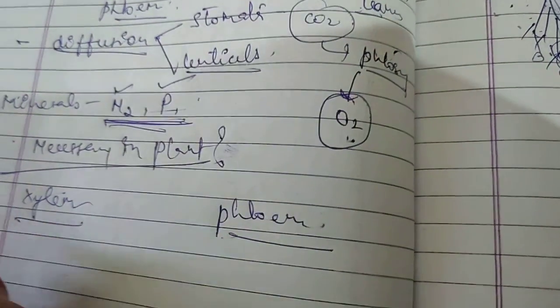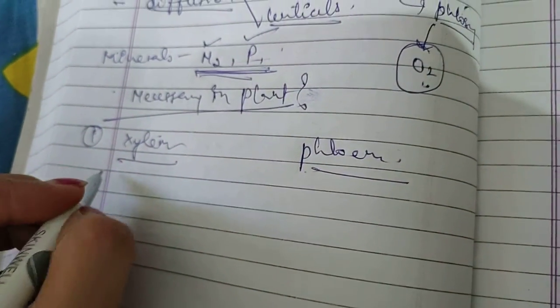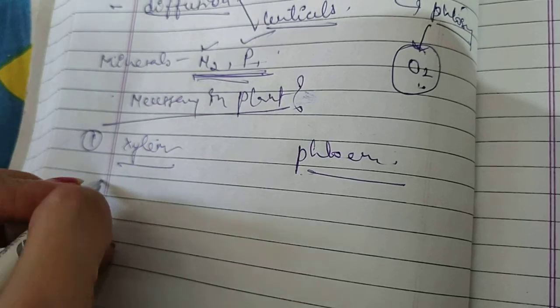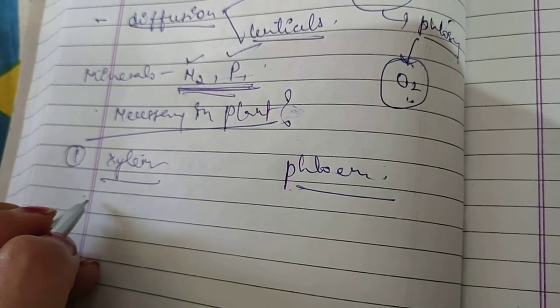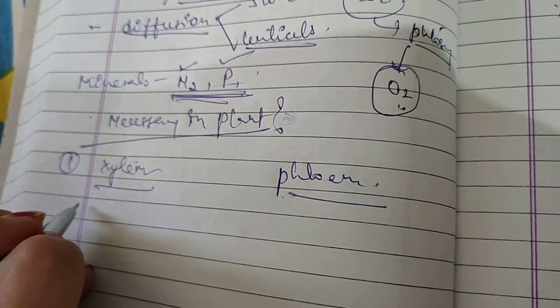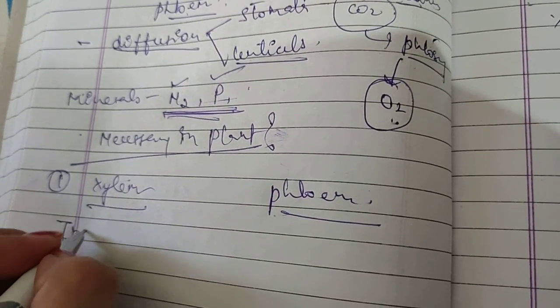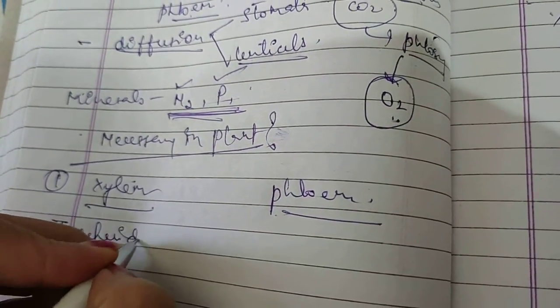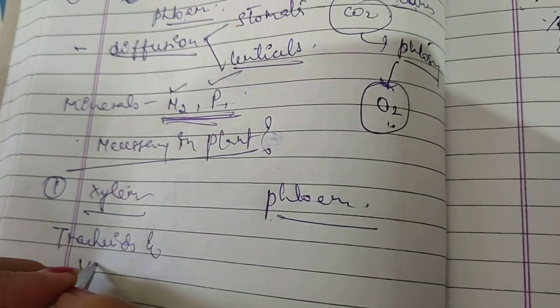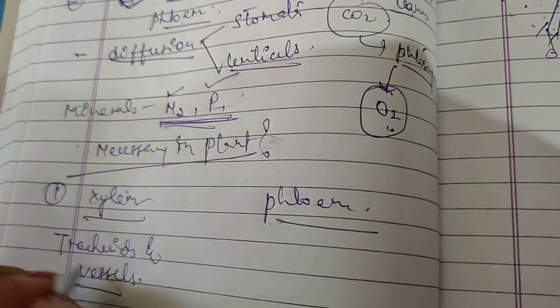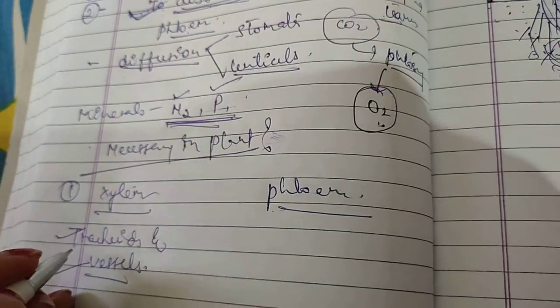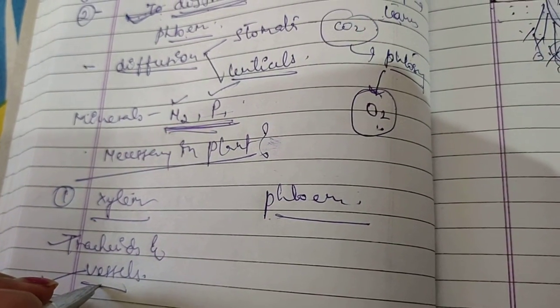In xylem there are four parts: xylem fiber, xylem parenchyma, xylem tracheids, and xylem vessels. But the conducting elements are tracheids and vessels. You have to remember these two. Tracheids and vessels are responsible for conduction.